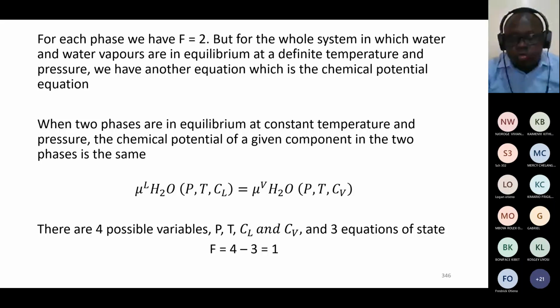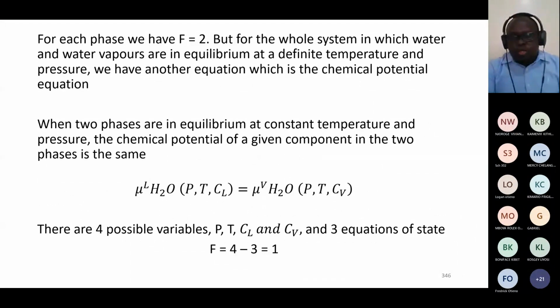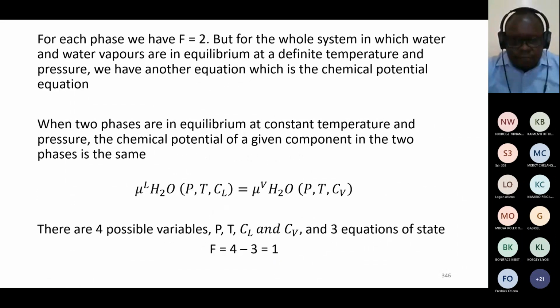And then we have 2 equations as a result of the 2 phases, equations of state. Okay, so we have 3 equations to describe the system. So we say the degrees of freedom is going to be given by 4 minus 3, so equals to 1. So here you get a similar result to the one that you would have gotten if you had used the phase rule.